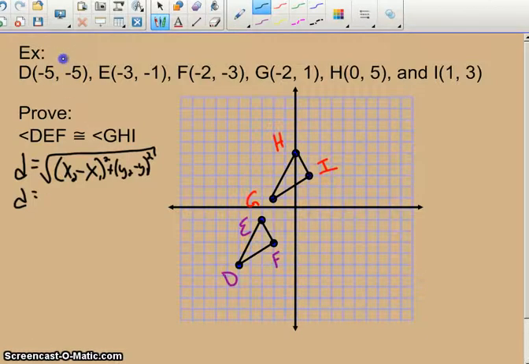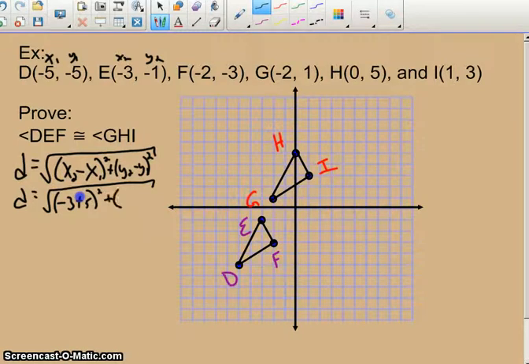We need to find the distance between D and E, so I'm just going to label it up here, x1, y1, x2, y2. So I'm going to have the square root of, x2 would be -3 minus a -5, so I'm going to put a +5 there, squared, plus I'm going to have a -1 minus 5 here, squared.